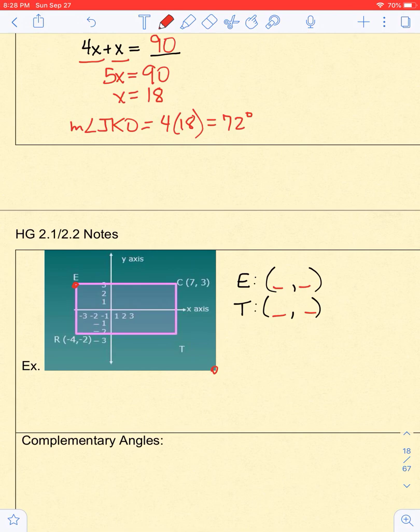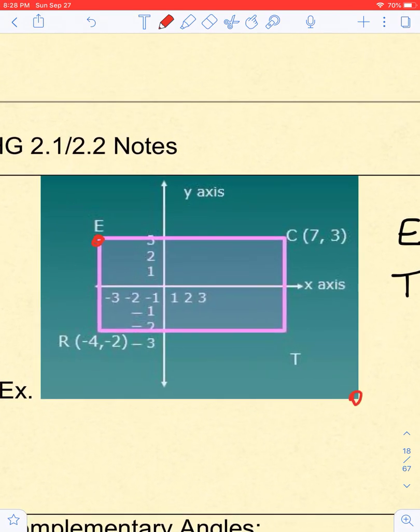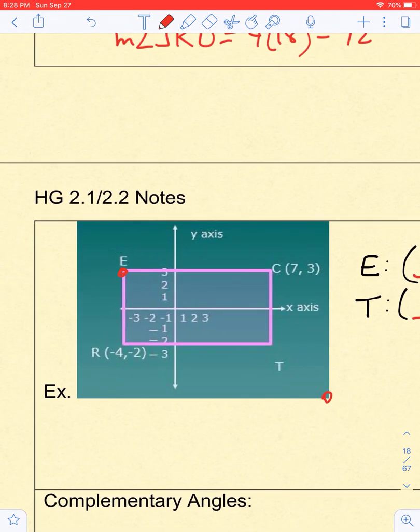Well, because these are perpendicular lines, and in this case, the problem will tell you, this one did not specify, but it should say rect. R-E-C-T is a rectangle.